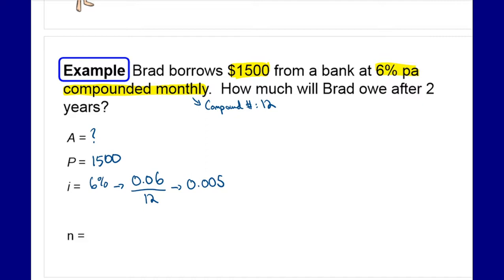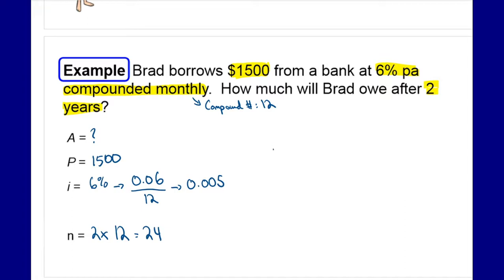So that's our I value. Our N value is the number of years. So it's after 2 years. So 2 years times 12, because there's 12 compounding periods in a year, equals 24 total compounding periods.